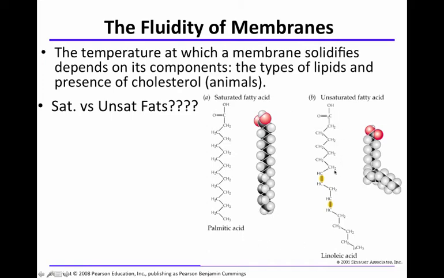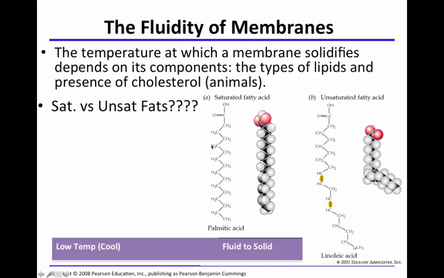Unsaturated fats have kinks because of double bonds that are not present in saturated fats, and these kinks prevent them from sticking together. So when you think unsaturated fats, you think of olive oil, salad dressing with oil. At room temperature, unsaturated fats are liquid, and saturated fats are solid.